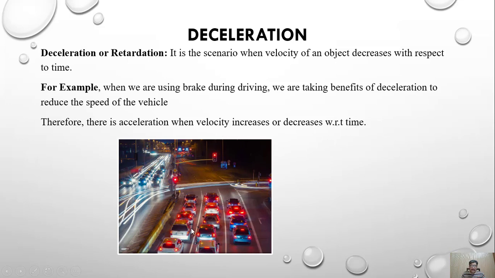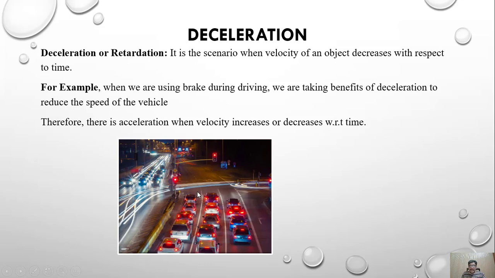So what happens if you are driving a vehicle near a signal, but suddenly the light changes from green to red? You have to apply the brakes. When you apply the brake, your car's speed decreases, so there is deceleration. Or say you are standing at the signal, and when the red light turns green, you accelerate your car.